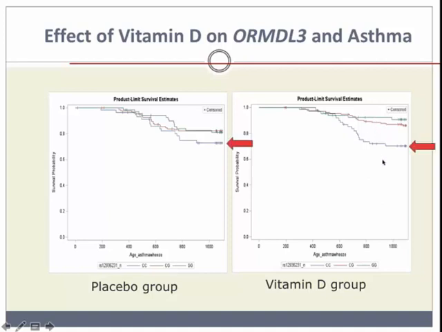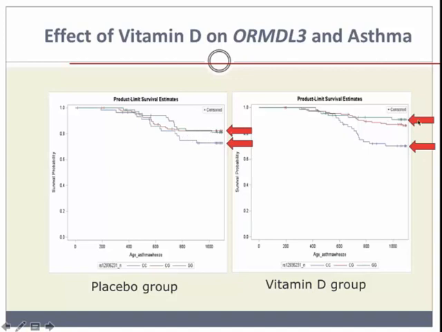And what we see here is that if you have 2 copies of the risk genotype, it doesn't really matter whether or not you have vitamin D, you're sort of doomed. You're going to get asthma at the same risk, and ORMDL3 operates in full function. However, if you have 0 or 1 copies of the risk allele, what you see is this decrease in risk of asthma.